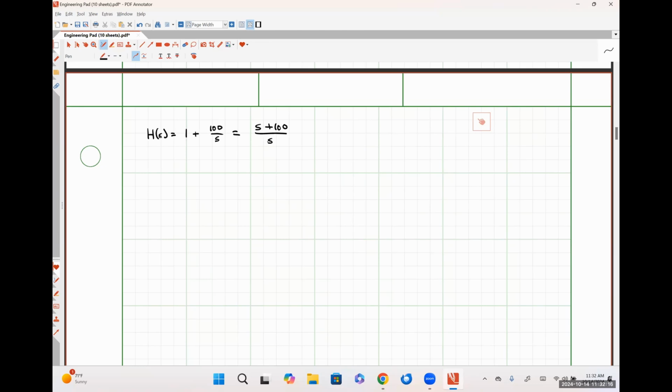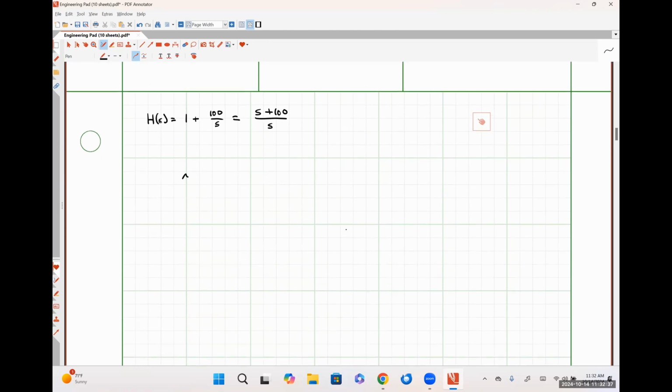Yes. Okay. So it looks like I have a 0 at S equal to negative 100 and a pole at S equal to 0. And we know what both of those things look like. So let's write them down. You don't realize it, but this was literally my next topic anyway.